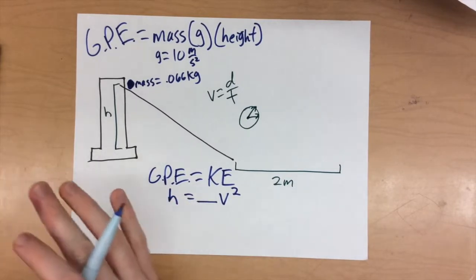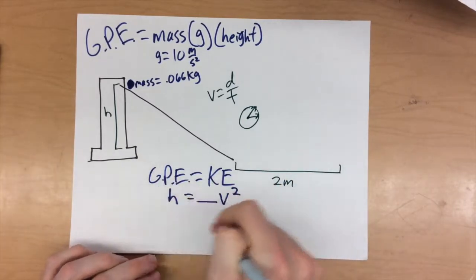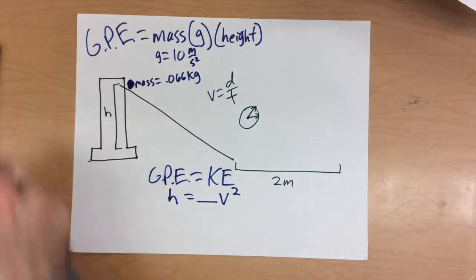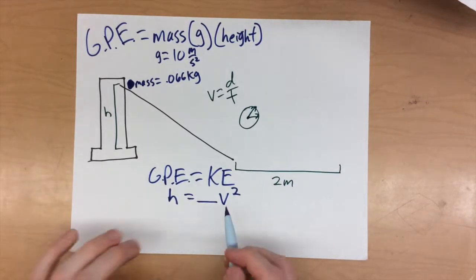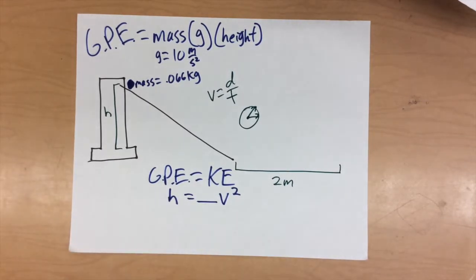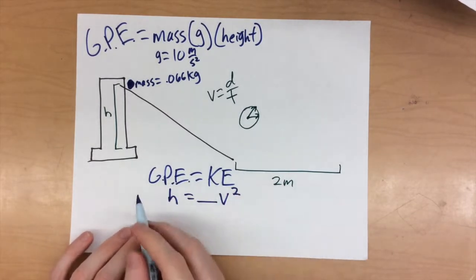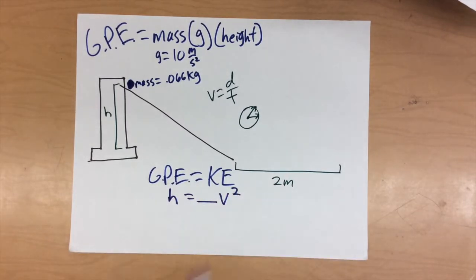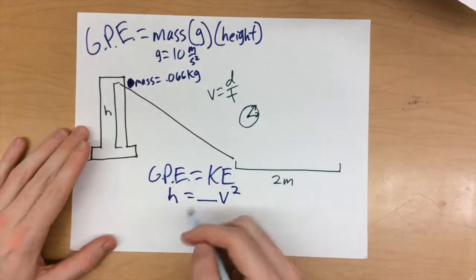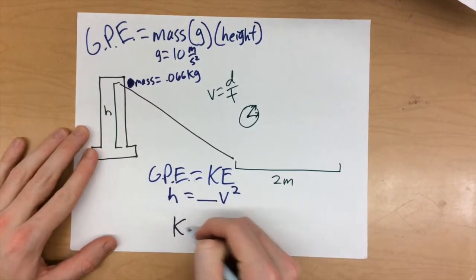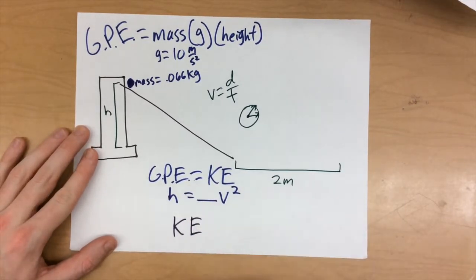We plug that height in for one of these 2 variables. I'm not going to tell you which. And we solve for the other variable. Because ultimately, our mgh equaled our KE. Now the application of this is that our equation for kinetic energy involves a squared velocity.